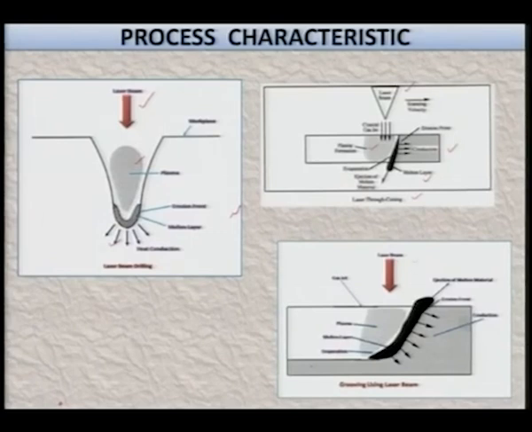So you have the scanning motion of the laser beam in the direction I have shown by the arrow, or the workpiece can move in the reverse direction of the beam, and only then can you create the groove in the workpiece surface.